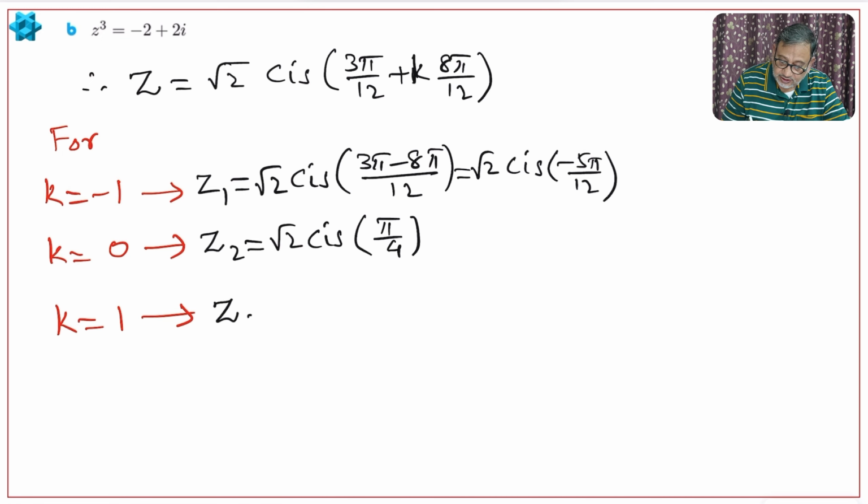And z3, root 2 cis, here when I replace k by 1, 3 and 8 is 11 pi by 12.